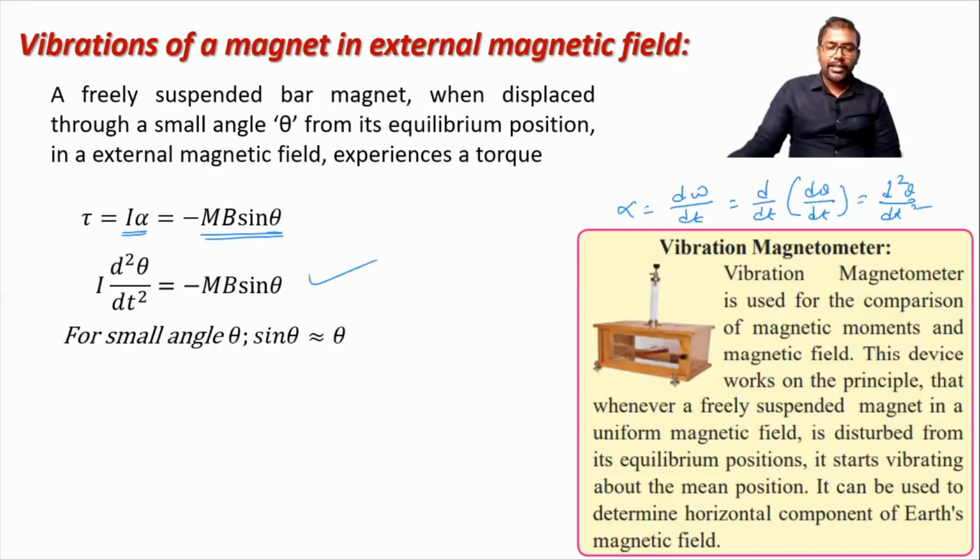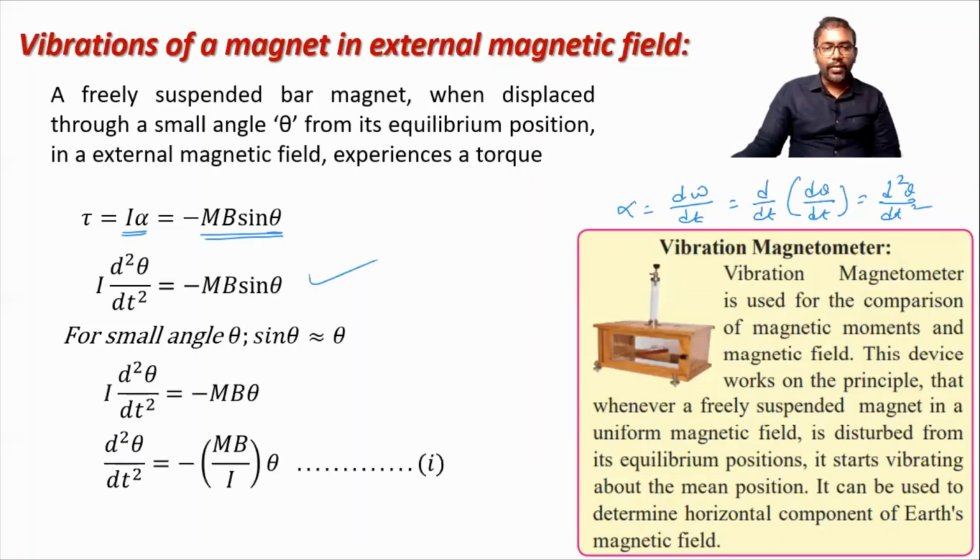For small angle, sin theta is nearly equal to theta, so I d square theta by dt square is equal to minus mb into theta. Now we can shift I to the right hand side. So we get d square theta by dt square is equal to minus mb divided by I into theta. This is equation number 1.